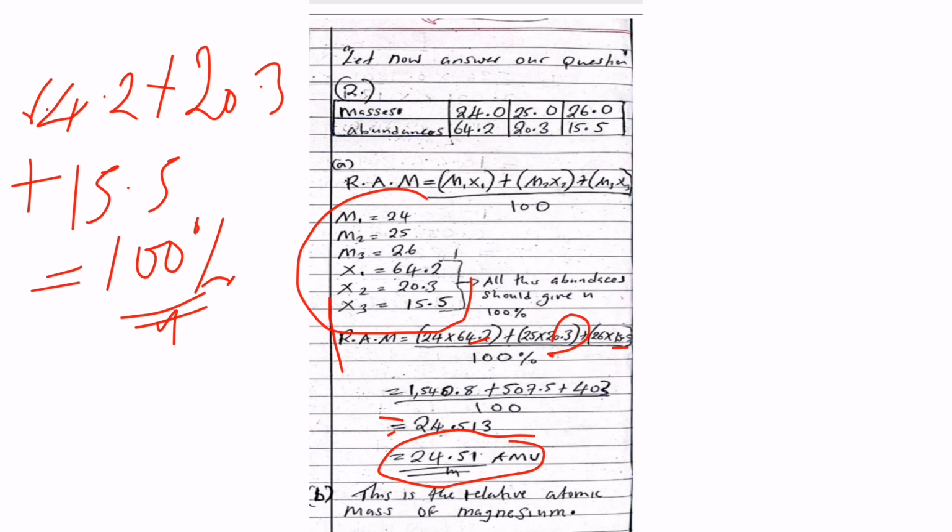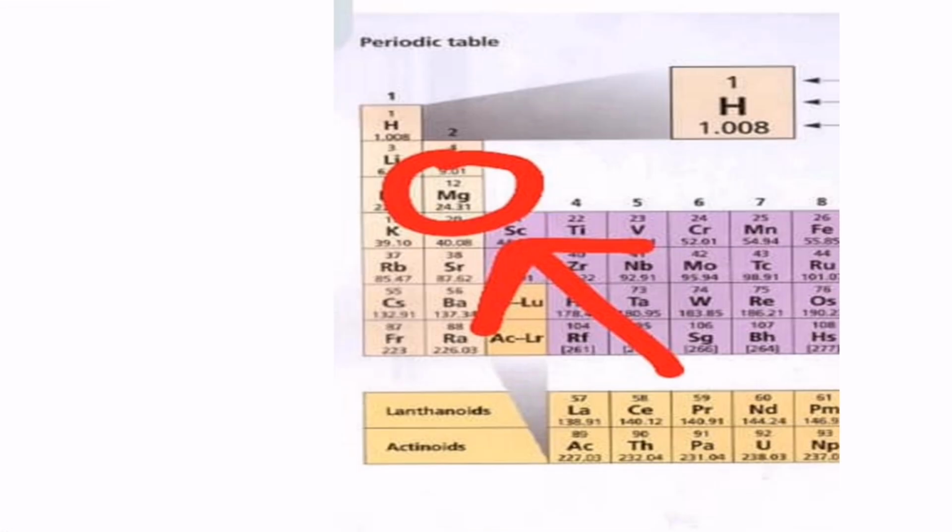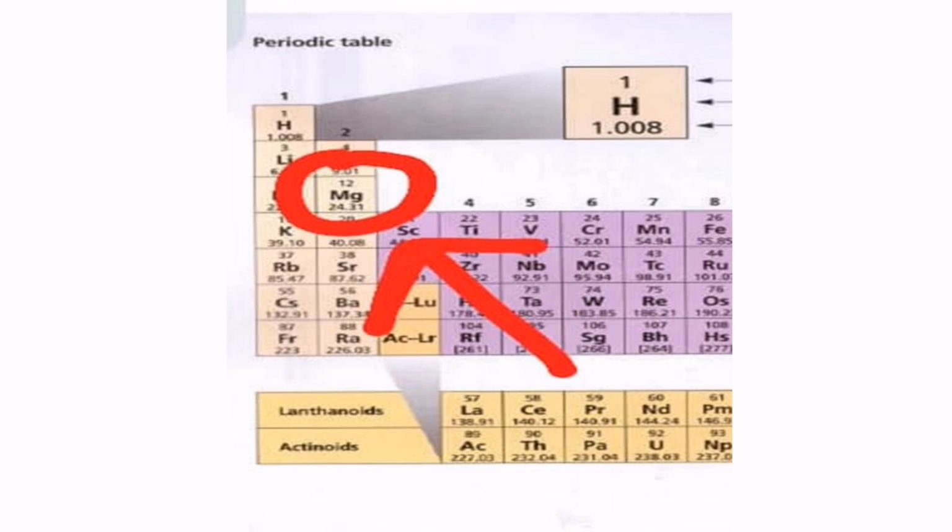You go to the periodic table: 24.54 is our relative atomic mass, and magnesium is closest, at 24.31. That is the only thing you need to know on relative atomic mass: the formula, then you collect data, then you can answer different questions on it.